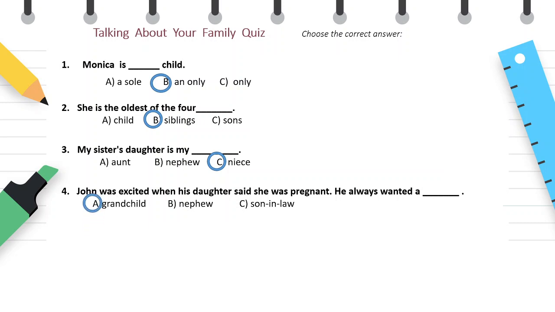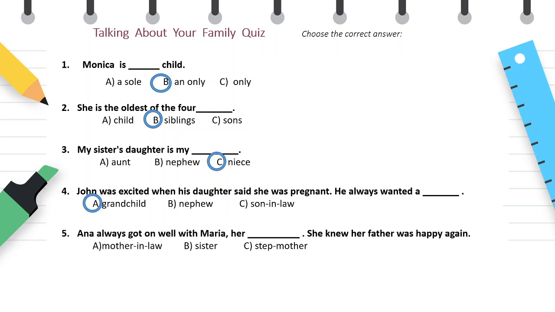A grandchild is the correct answer. Anna always got on well with Maria, her mother-in-law, sister, or stepmother. She knew her father was happy again. You're right, stepmother. Her father remarried.